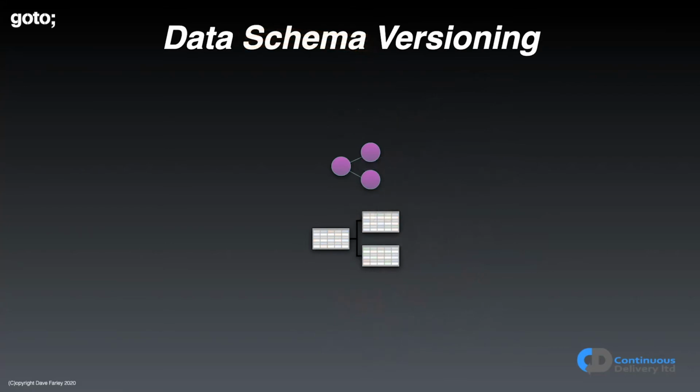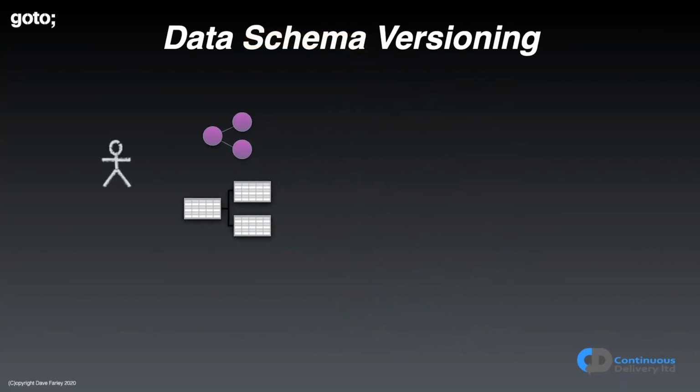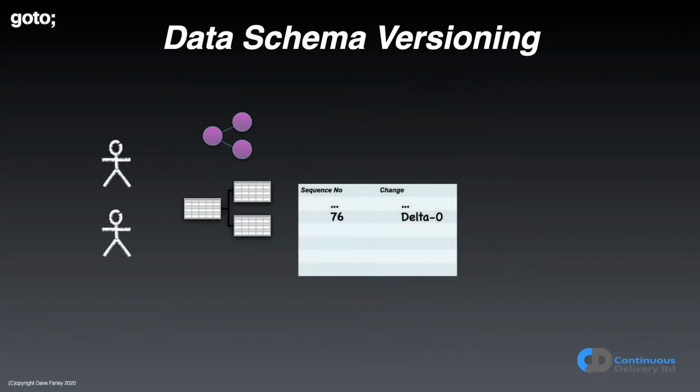So a good pattern for doing this is to start thinking about how we're going to capture that. Let's imagine some people that are making changes to either the application or the data schema. You're going to make a change to the application and the data schema together, or maybe you're going to change one of them independently of one another. And what we require them to do is, every single time that they make such a change that changes the schema of the data, they capture that in a little data migration script.